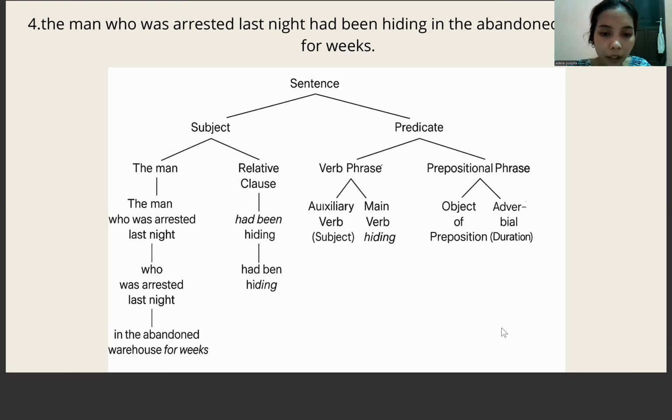In the verb phrase they have an auxiliary verb, and they have the main verb hiding. So in the prepositional phrase they have an object and adverbial, like a preposition in, and the duration, like for weeks, is a prepositional phrase.